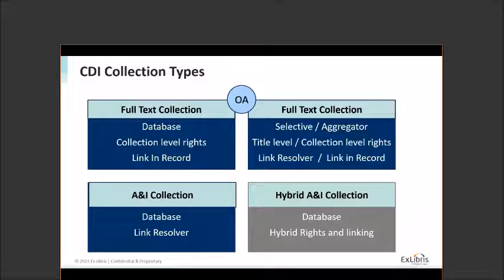And of course, we are checking if the open access indication is really reliable and if the providers can support this before we configure the collection as open access or partially open access.